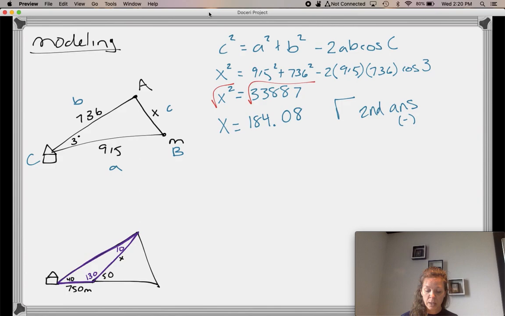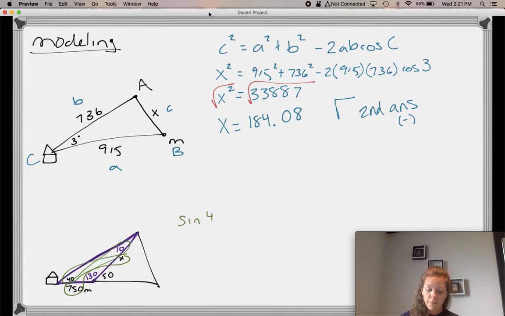Opposites are a little bit hard to see because it's so narrow here, but the 10 and the 750 are opposite of each other. And then x, we need to use x because that's what we're trying to find. x and 40 are opposite of each other. So that's how we're going to set up our law of sines.